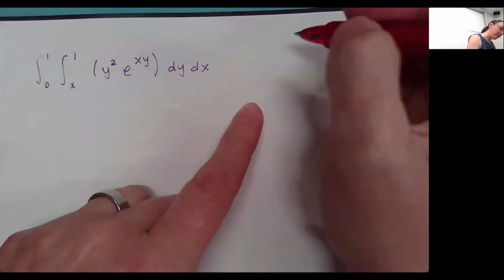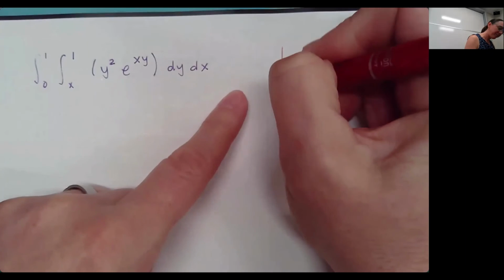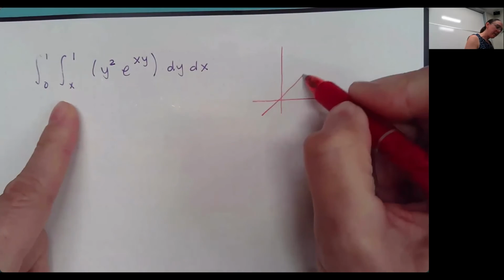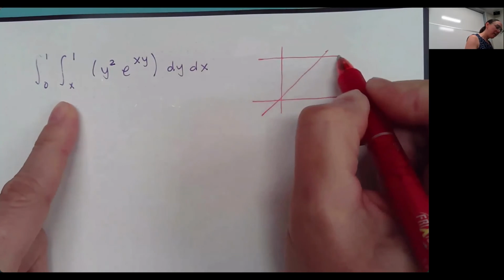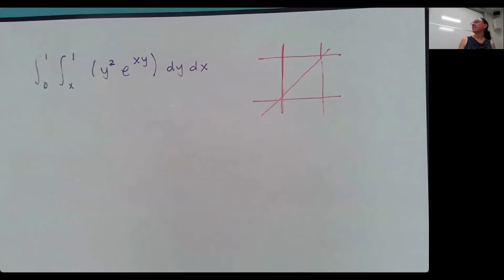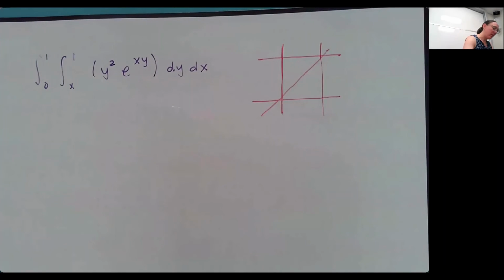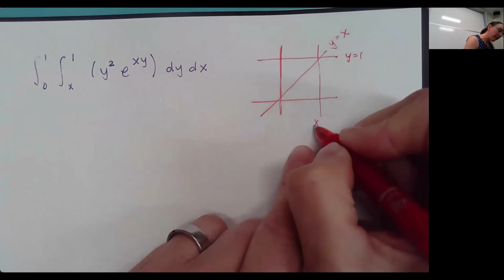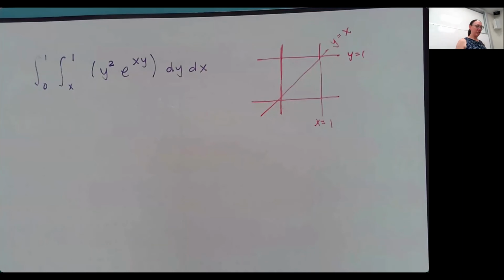So if I get my drawing going, I'm going to have y equals x, y equals 1, x equals 0, and x equals 1. So again, I end up with a picture that has sort of 2 regions.